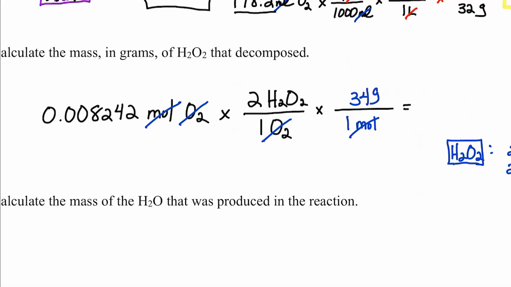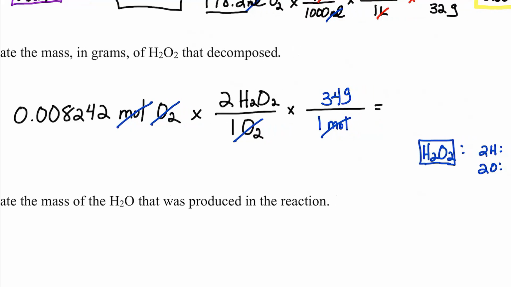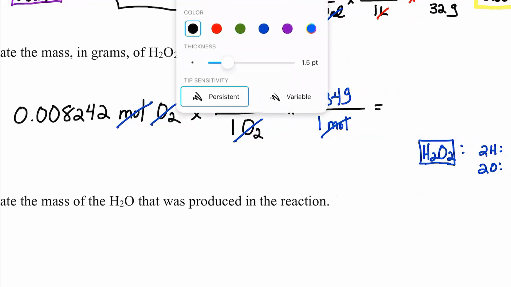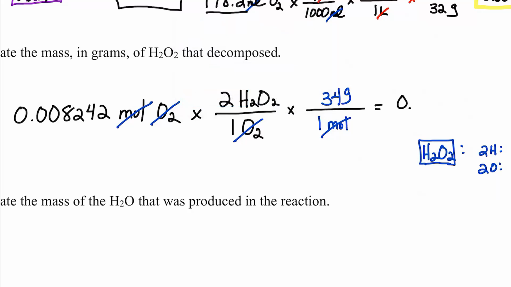Divide by 1 if you needed to. Times by 34. And I'm going to maintain 4 sig figs. And I get 0.5604, just rounding to 4.